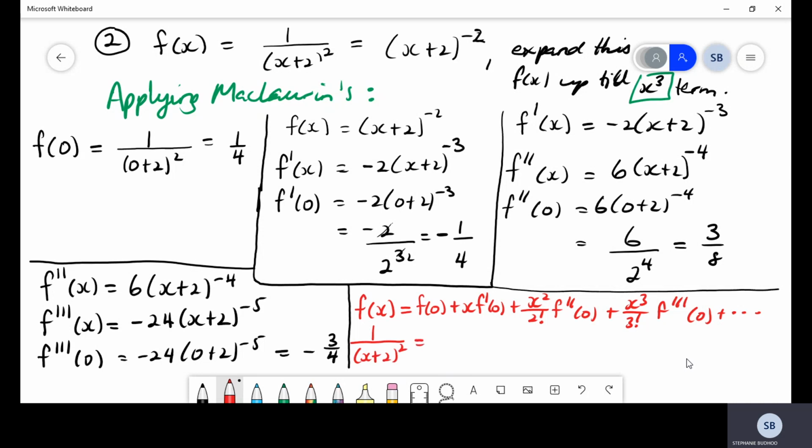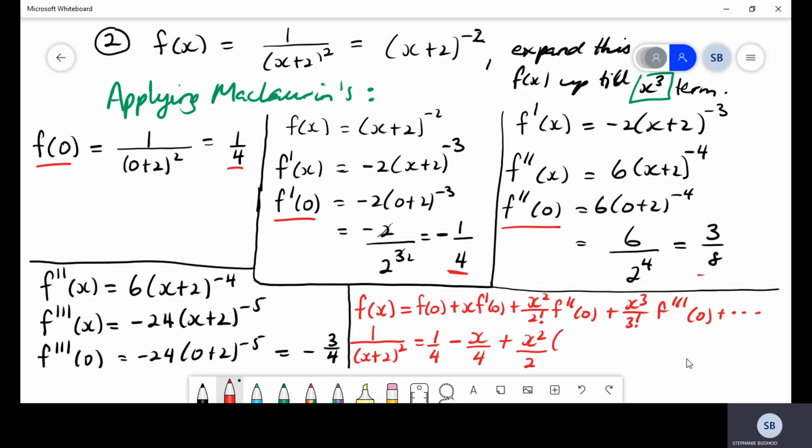What was our first value? Well, our first value was a quarter, so a quarter goes here. What was our first derivative at 0? Minus a quarter. So I'll change this sign and I'll rewrite it as minus a quarter x, so minus x on 4. Then we have x squared on 2 factorial. 2 factorial is just 2, multiplied by our second derivative.